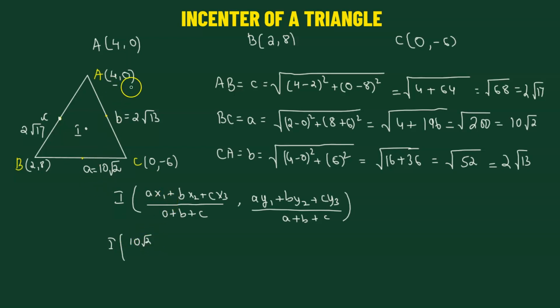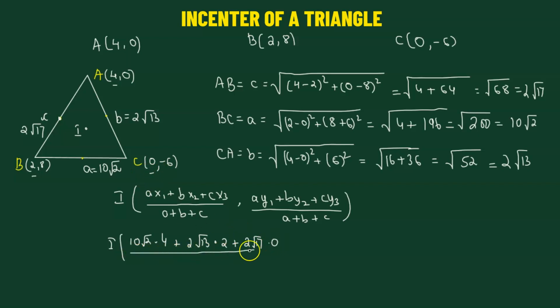Here x1 corresponds to the X coordinate of A, so that's 4. So we multiply it by 4 plus B, so B is 2 times square root of 13, multiplied to x2, x2 is the X coordinate of B, so that's simply 2. Added to CX3, so what's C? C has the value 2 times square root of 17 multiplied to x3, x3 is the X coordinate of C, so that's simply 0.